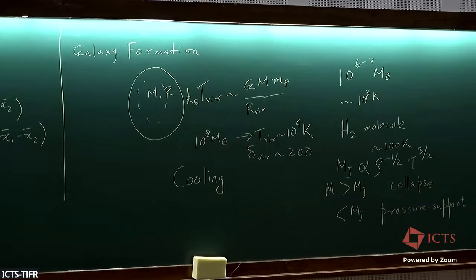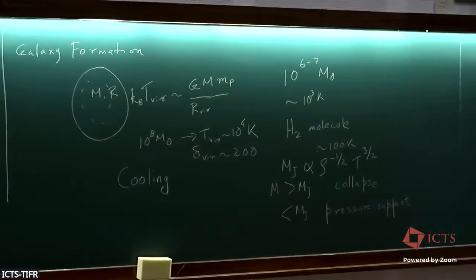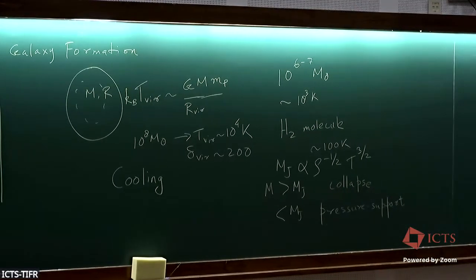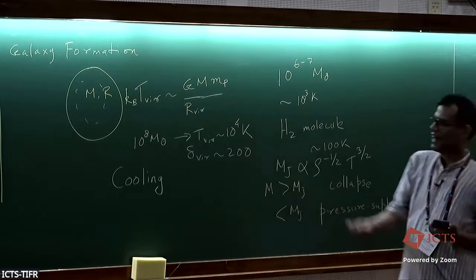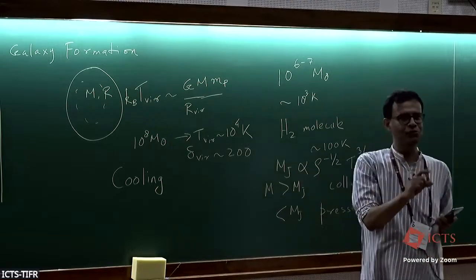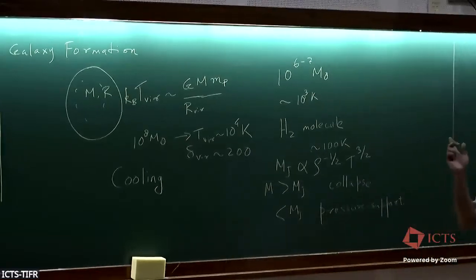Now, initially, the Jeans mass is high enough that this collapse does not happen. And then T goes down. Okay, T goes down because this radiation comes out. Now, there is another subtlety we have to keep in mind. It is not like the atom goes up, comes down, a photon is produced. That doesn't mean the photon will come out of the system.